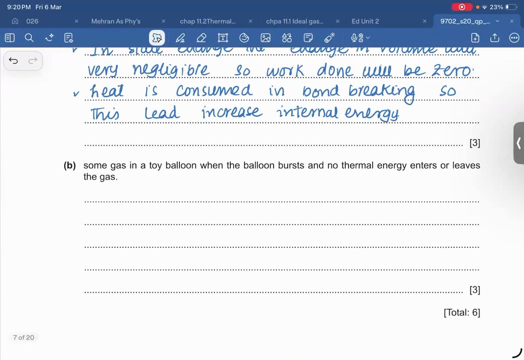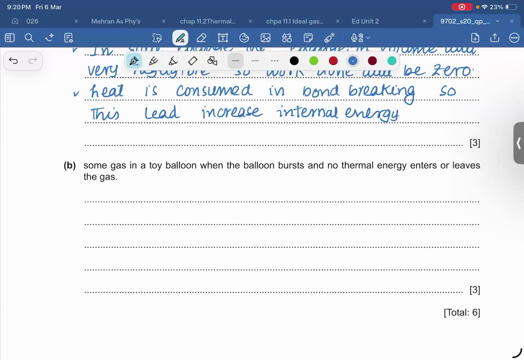Some gas in a toy balloon, when the balloon bursts and no thermal energy enters or leaves the gas. Okay. If it is bursting, what will happen to the volume? Volume will increase. Okay, if the volume increases, what does the gas have to do against the surroundings? Will work be done on the surroundings, or will work be done by the surroundings on the gas?